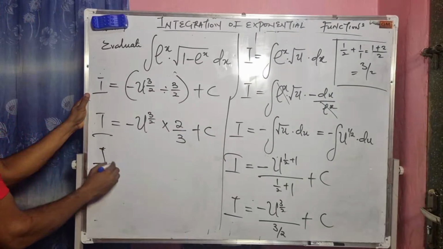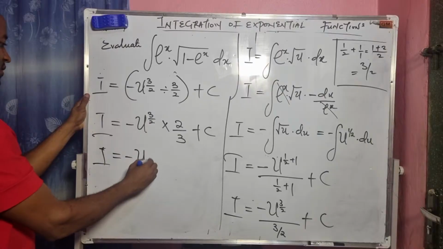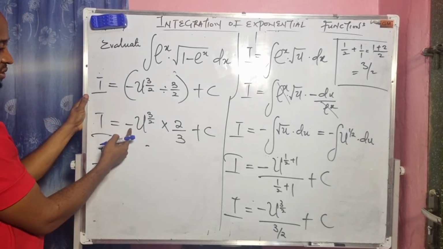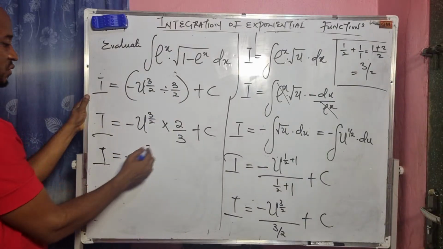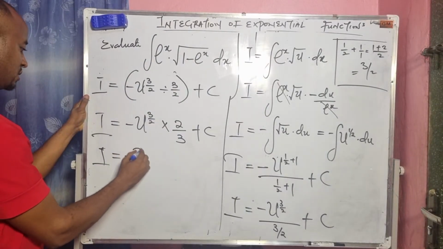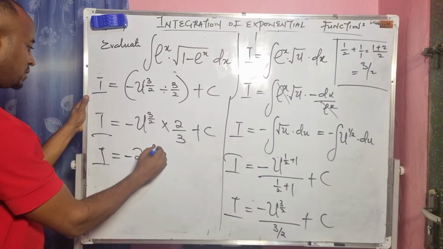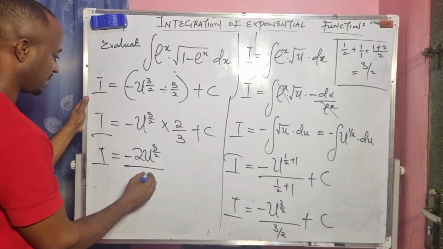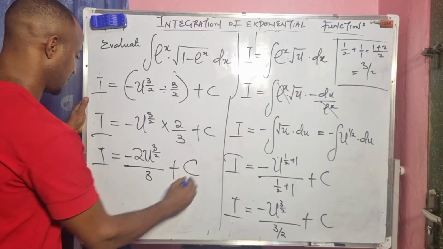So I equals minus u to the 3 over 2 times 2, which gives minus 2u to the 3 over 2, divided by 3, plus c.